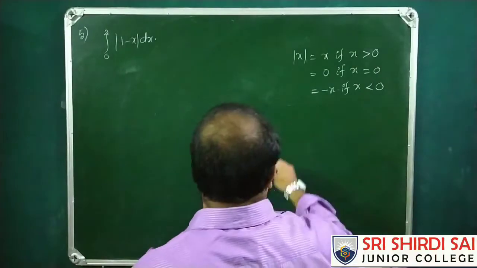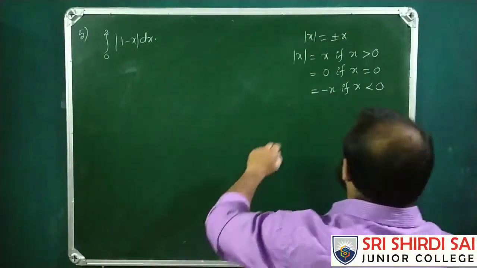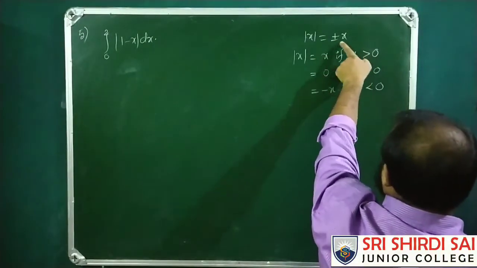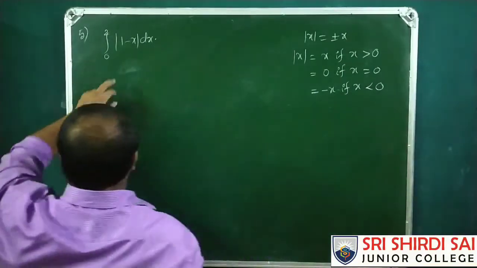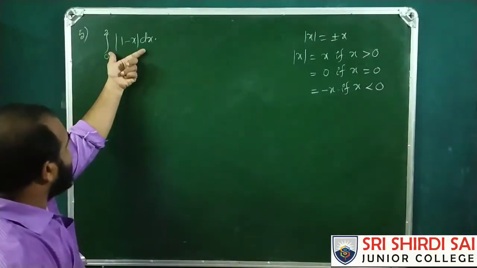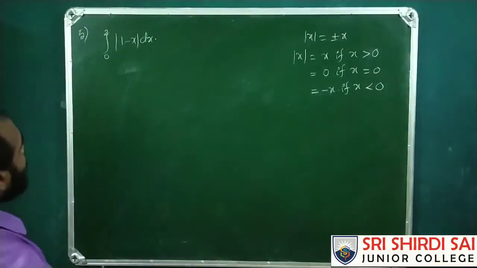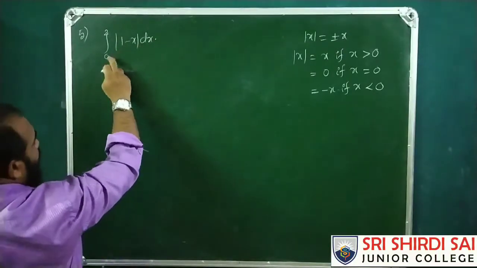So modulus of x is plus or minus x: plus x for x greater than 0, minus x for x less than 0. Similarly, the behavior of 1 minus x under modulus is also unknown, so we need to find another value in between 0 to 2.